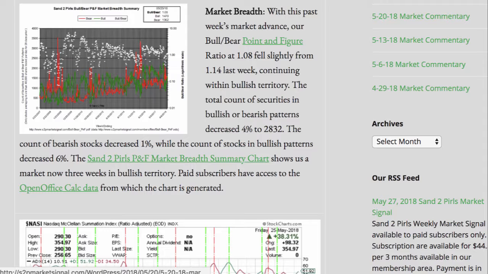The total count of securities in bullish or bearish patterns decreased 4% to 2,832. The count of bearish stocks decreased 1%, while the count of stocks in bullish patterns decreased 6%. The Pirls PNF Market Breadth Summary Chart shows us a market now 3 weeks in bullish territory.